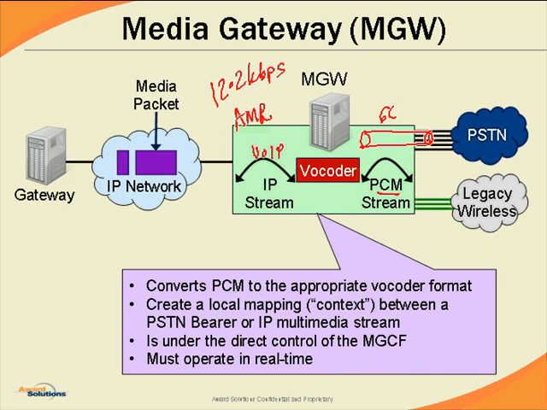So on the other side you will see a much higher data rate, because that's the one PSTN understands. So that's what it will do, conversion between two formats for the medium. And the media gateway control function will actually configure the media gateway with that kind of conversion.